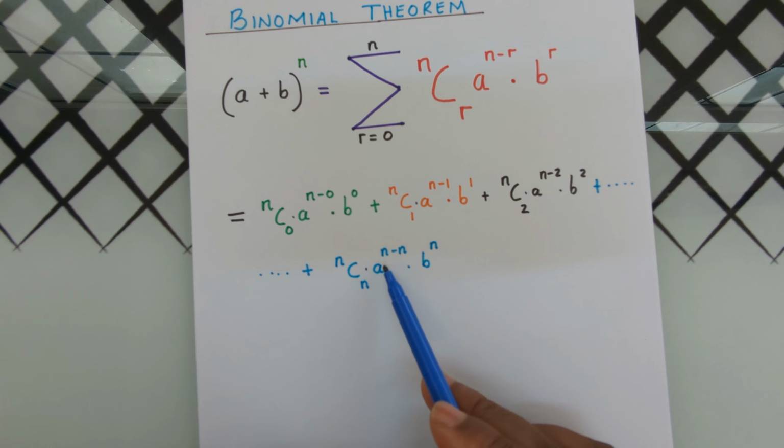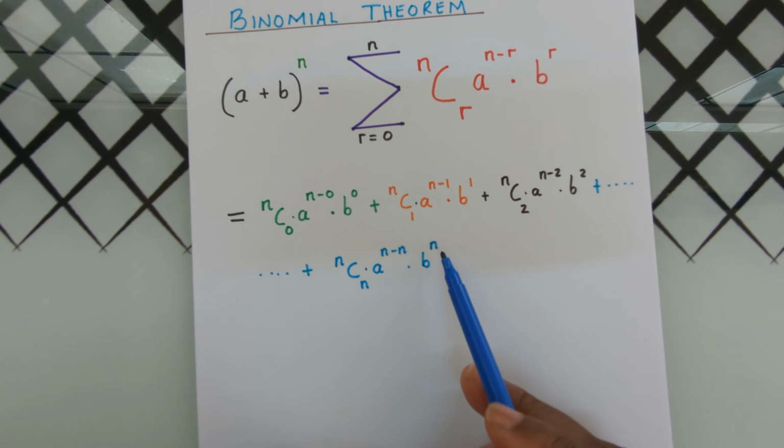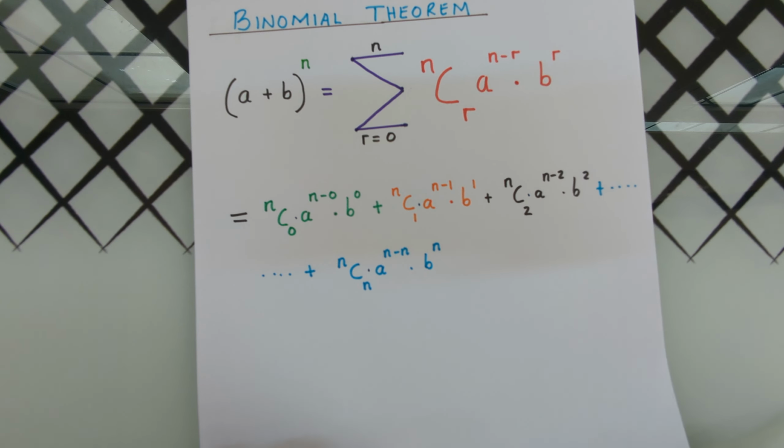Of course this will be a to the power 0 multiplied by b to the power of n. So let's look at our first example and see how this binomial theorem works.